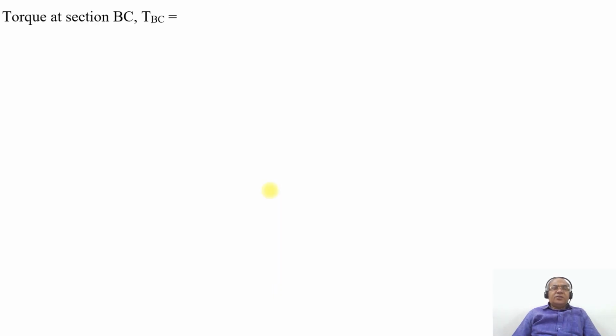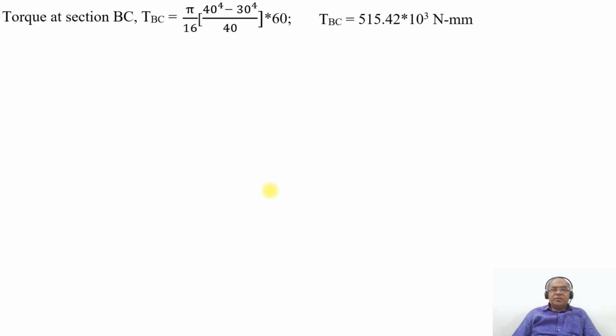Now, when you consider the torque of the section BC, TBC will be equal to pi by 16 into, now in this case, the outer diameter 40 to the power of 4 minus internal diameter 30 to the power of 4, close the bracket, divided by 40, into 60. On simplification, you are going to get the torque on BC equal to 515.42 into 10 to the power of 3 Newton mm, because we are converting directly into Newton mm.